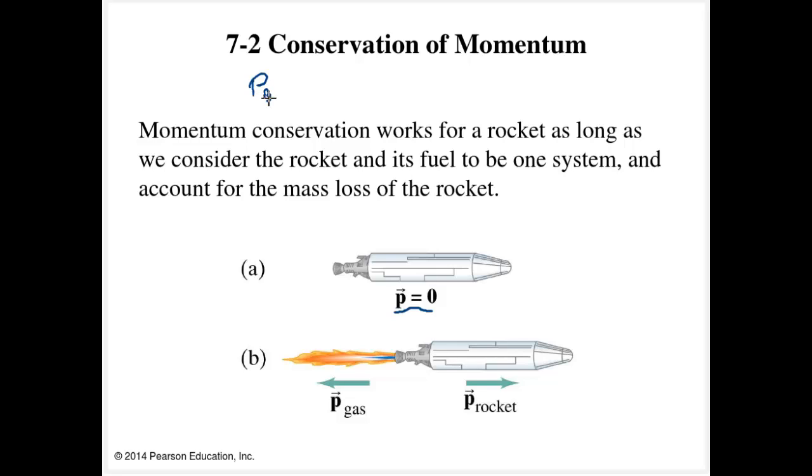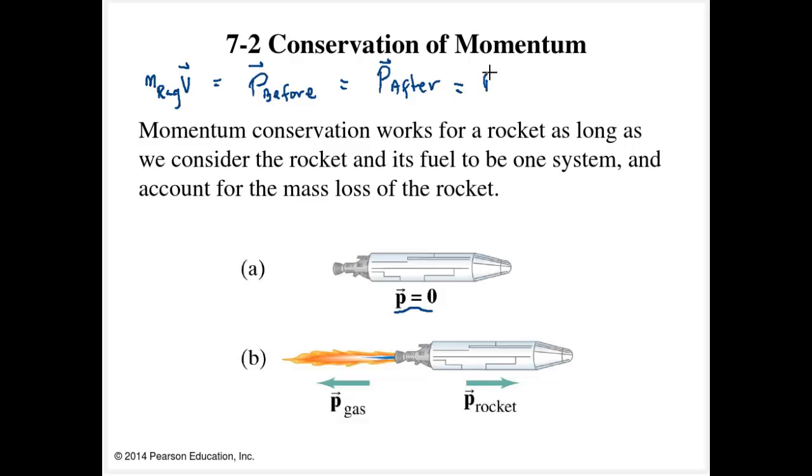So we would say before something happens, we're going to have some momentum, and afterwards we're going to have some gas going in the backwards direction and the rocket going in the positive direction. We're going to have the momentum afterwards. The momentum beforehand, I've already said, is going to be the mass of the rocket plus the gas multiplied by its velocity.